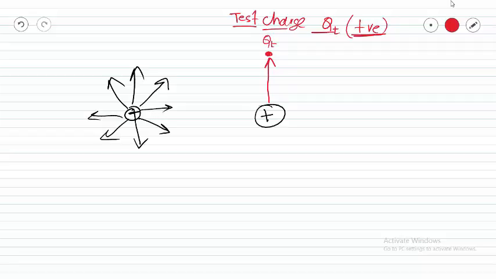Because this test charge is positive and this is also positive, the test charge experiences a force of repulsion from this existing charge, and this is the direction because I placed it here. Similarly, if I place this test charge here, the direction of force will be this one. Similarly, if I place it here, this is the direction of force. As you can see, the distance is the same for all these points.